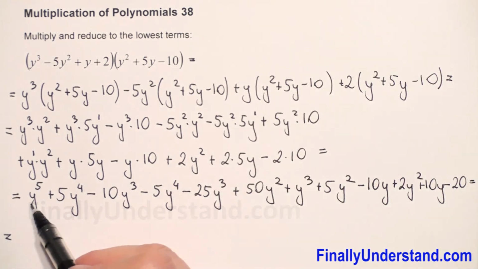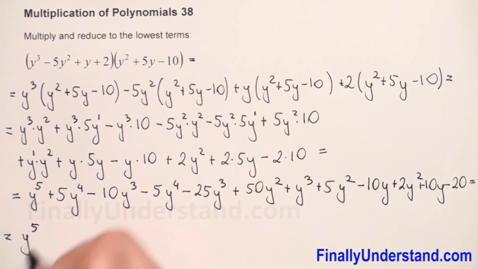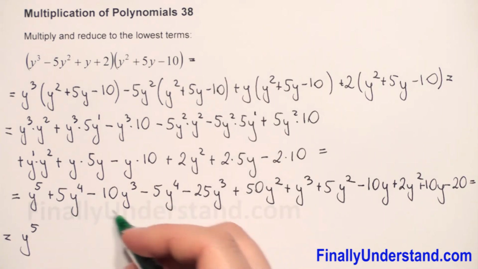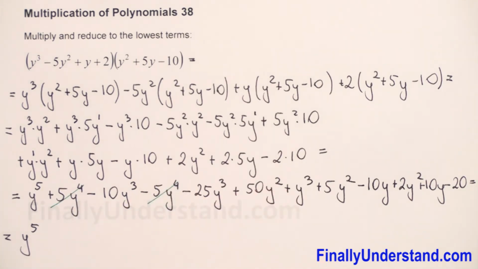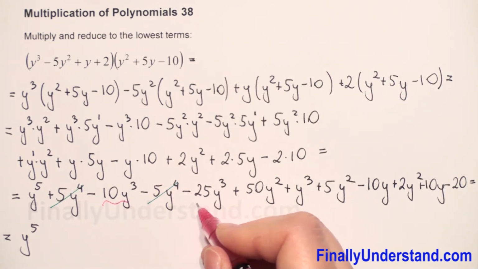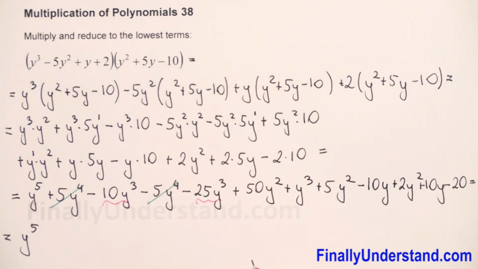The highest power is y to the 5th power, so we copy it. Next, we have y to the 4th power: 5y to the 4th power and negative y to the 4th power, so we can cancel out. And next, what we have? Negative 10y cubed, negative 25y cubed.